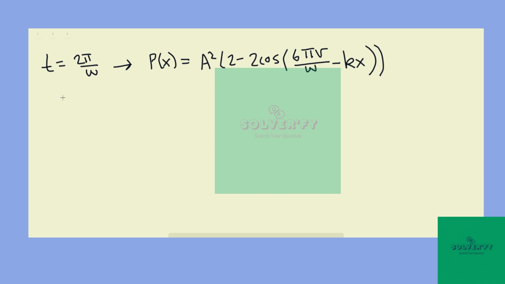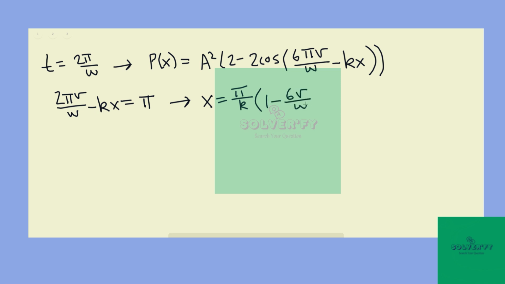So we want the argument 2 pi v over omega minus kx to be pi for the very first one. Solving for x, we get pi over k multiplied by 1 minus 6v over omega.